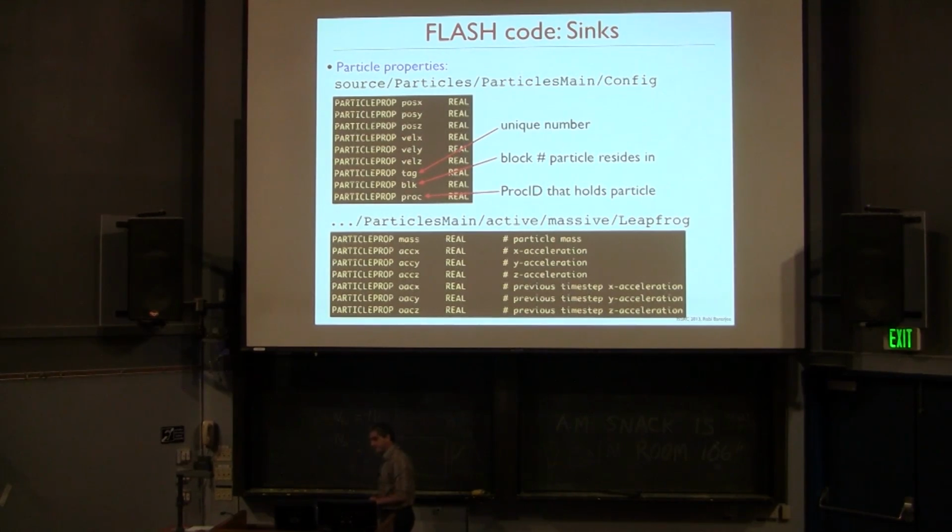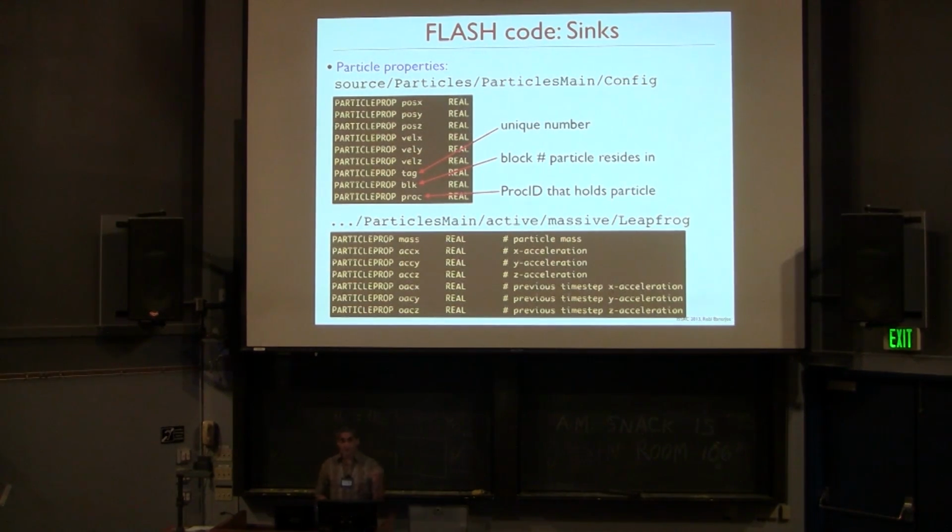You can identify each particle in your entire simulation box by a unique tag. Then you might need, mainly for internal distribution, the block ID in which the particle resides. That can of course change because the particle is moving in a Lagrangian way across your grid, and the processor ID that holds the particle.